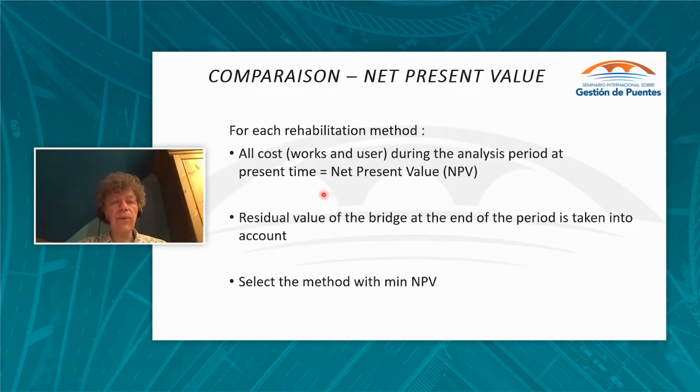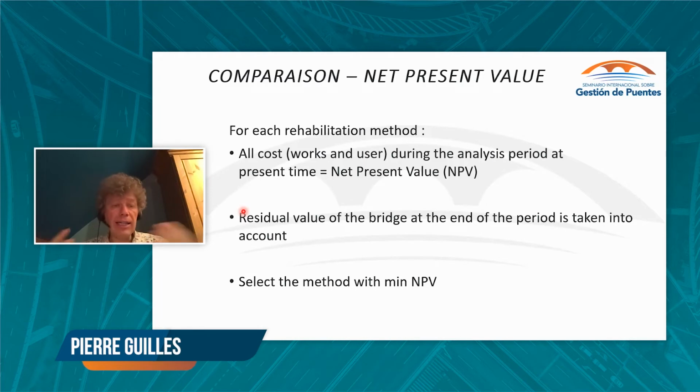And we will also take into account the residual value of the bridge at the end of the period, because depending on the scenario, at the end of the analysis, perhaps I will have a bridge of 10 years old or a bridge of 50 years old. So I need to take into account this residual value.